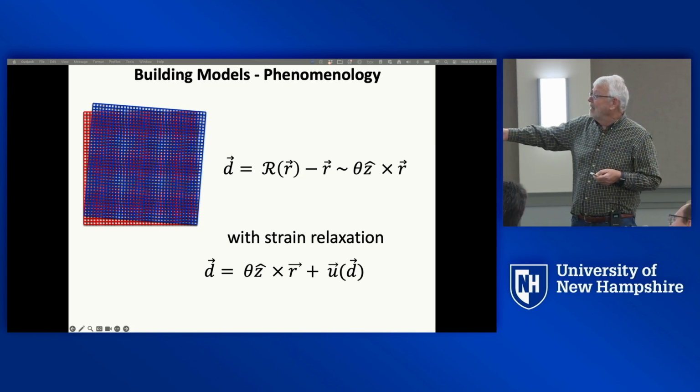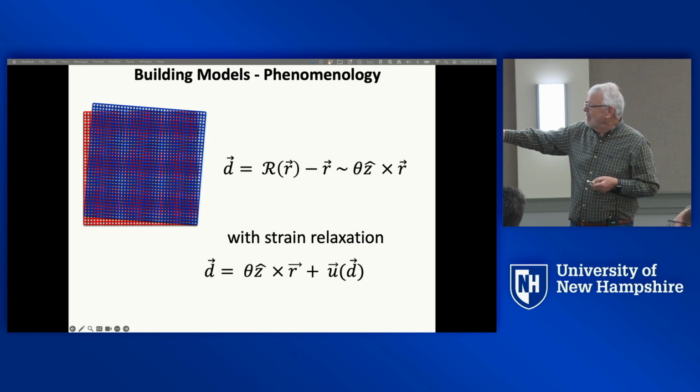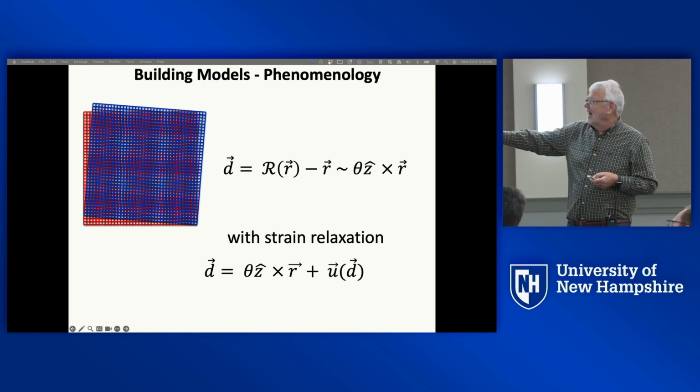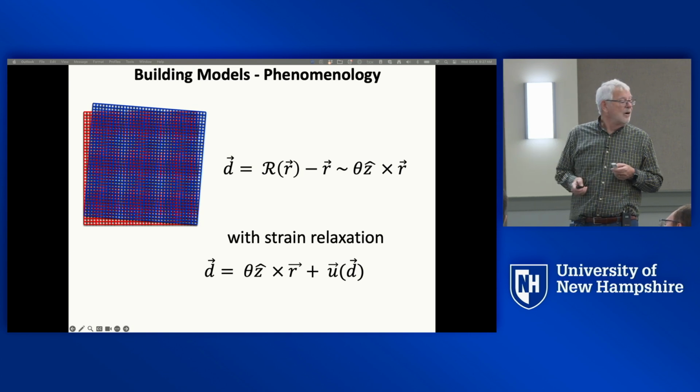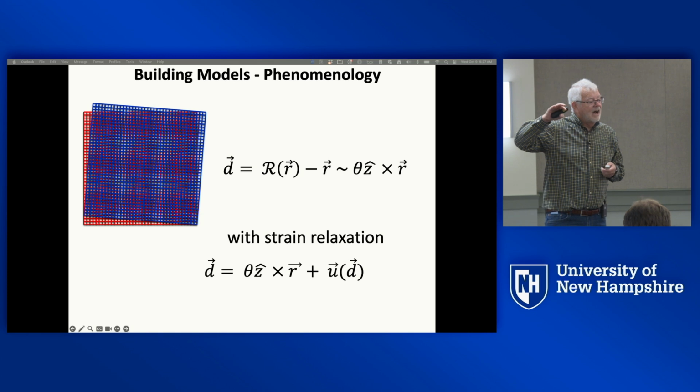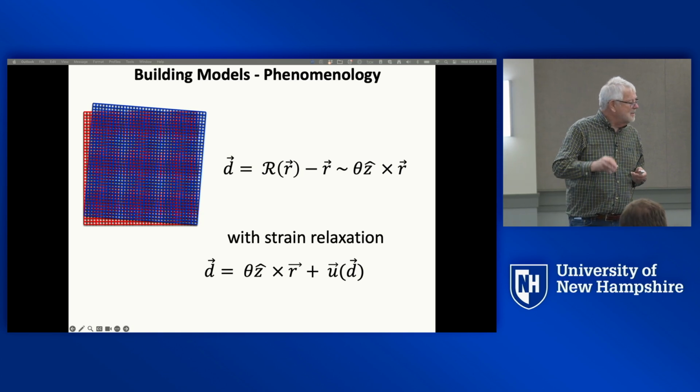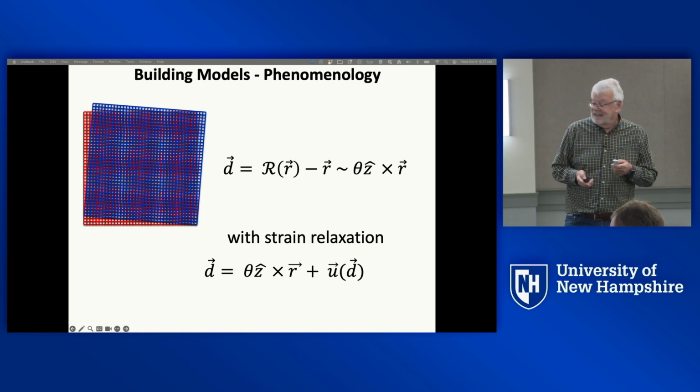And so since D is linearly related to R, that means a Hamiltonian as a function of D, a correction to the Hamiltonian due to interlayer tunneling that's a function of stacking, turns into a correction to the Hamiltonian that's a function of position. And you can elaborate this, I won't talk about this in any detail, to take account of the fact that, even for any twist, there's always some strain relaxation because the energy depends on stacking, so there's always some force that acts.